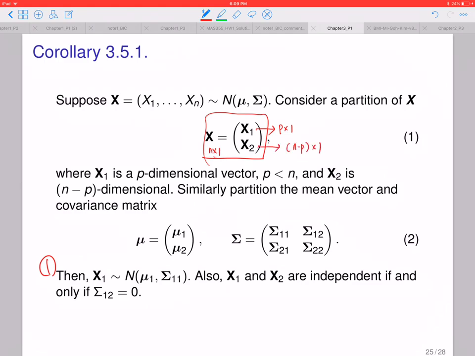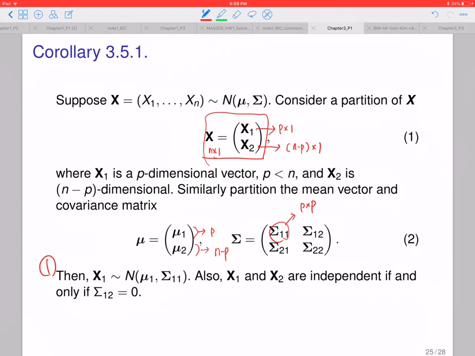The corresponding mean is also p by 1, and this one is n minus p dimensional. And this block is p by p.